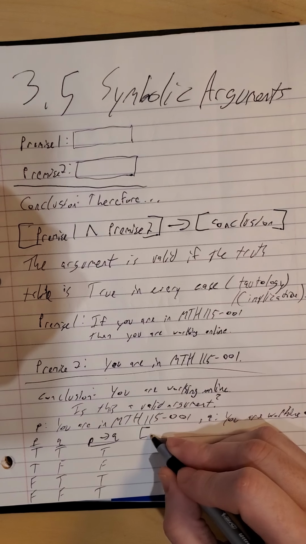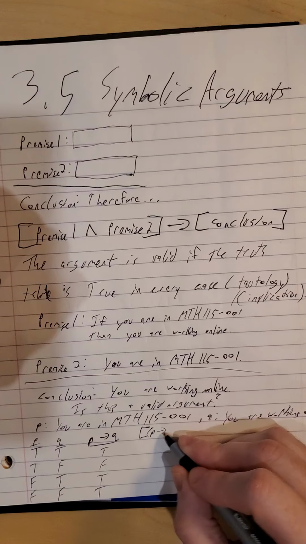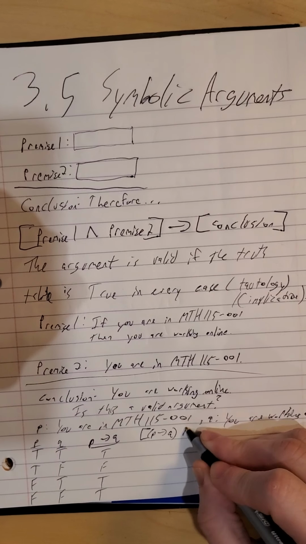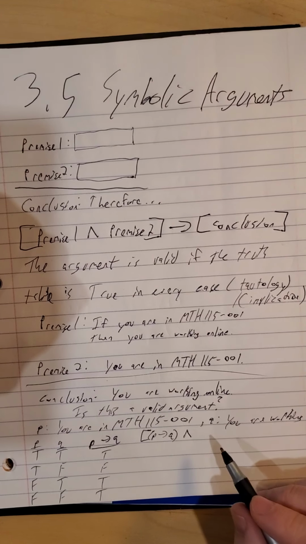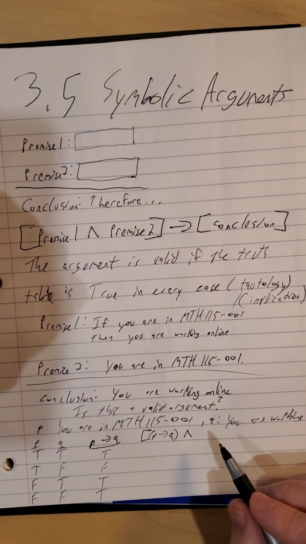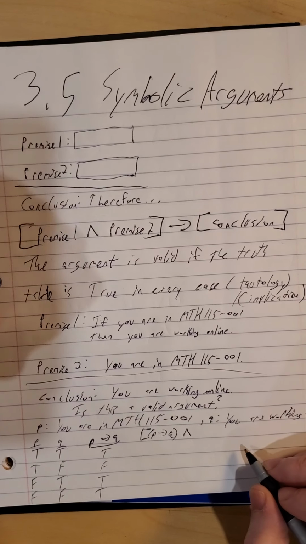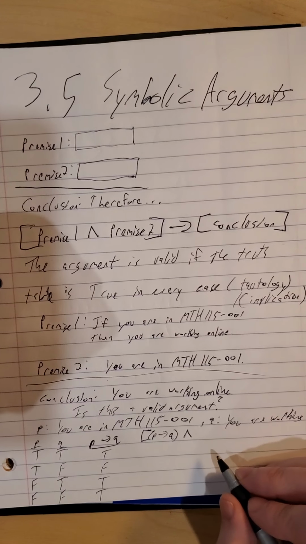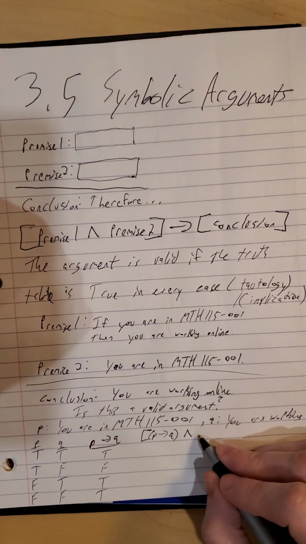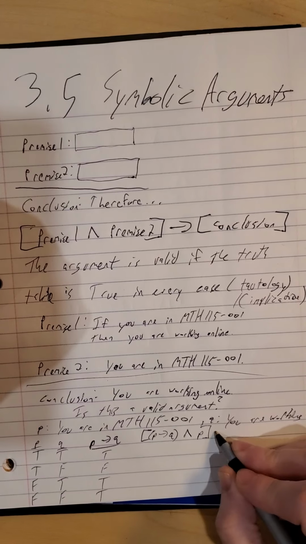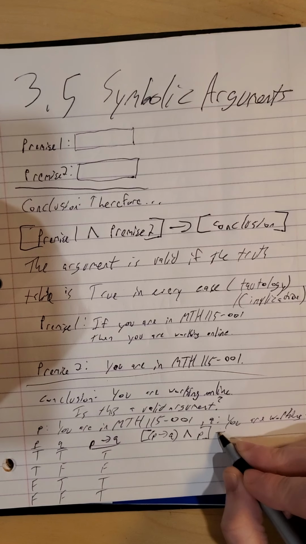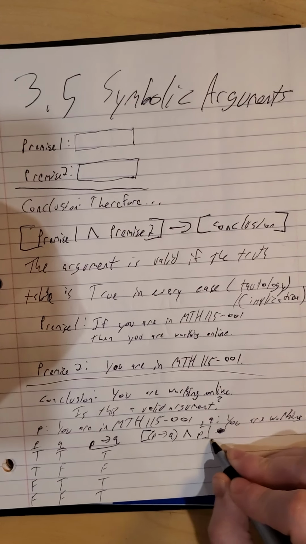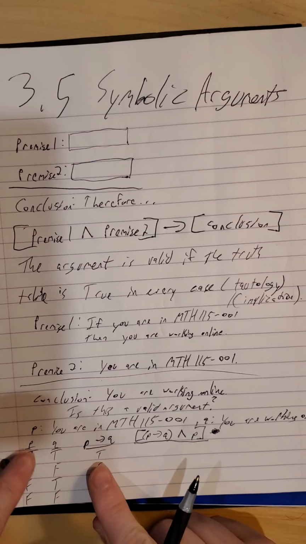So for this one, we would then have a column for if P then Q, ANDed with our second argument. Premise 2, you are in Mth115, that is statement P. Make one column just for that guy.